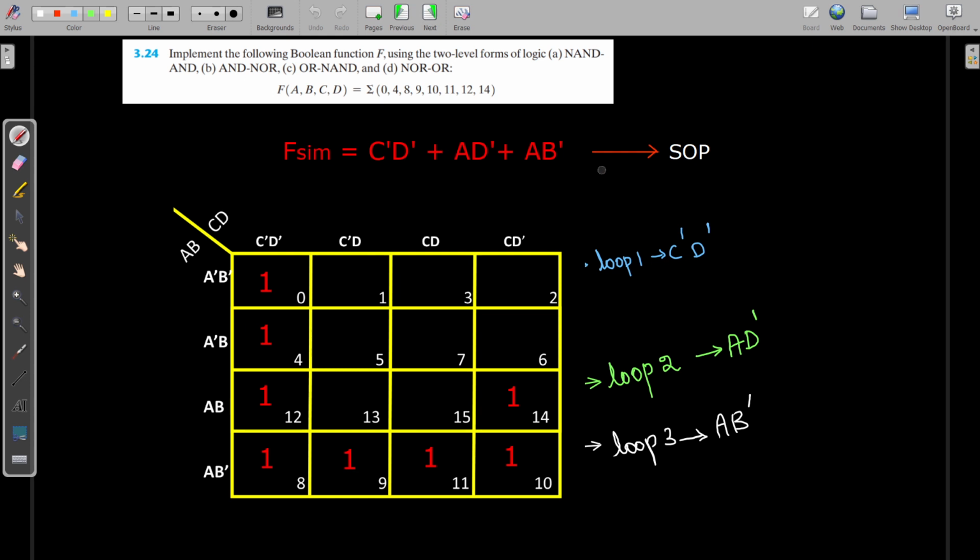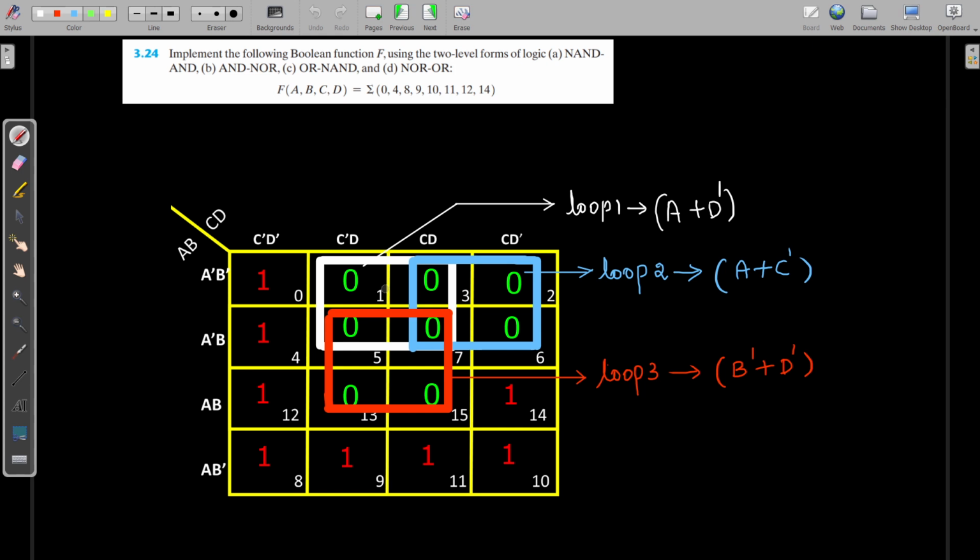So we have written this SOP, sum of products form, as c dash d dash plus a d dash plus a b dash. Now for the remaining cells which are not filled with ones, we fill them with zeros and group the zeros.